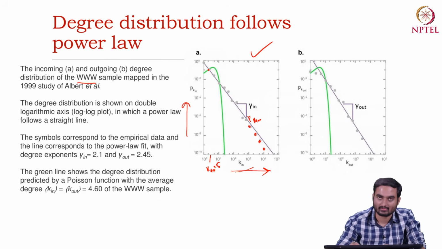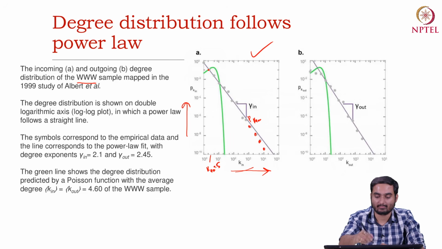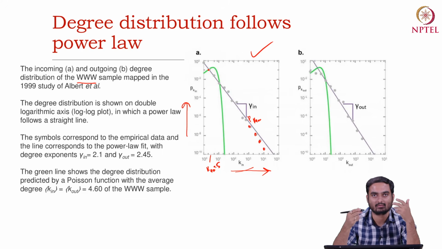So these are dots. Now which particular function best fits all these dots? People have tried multiple functions. You can take log, you can take exponent, right? But how do you know which function fits these data points properly?